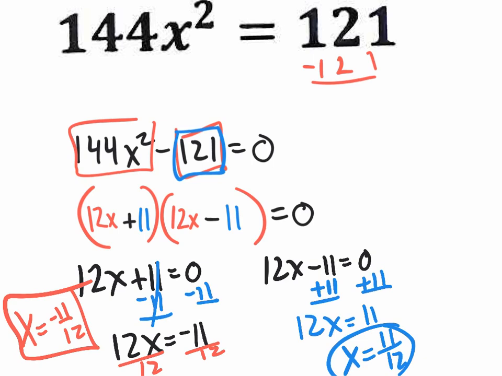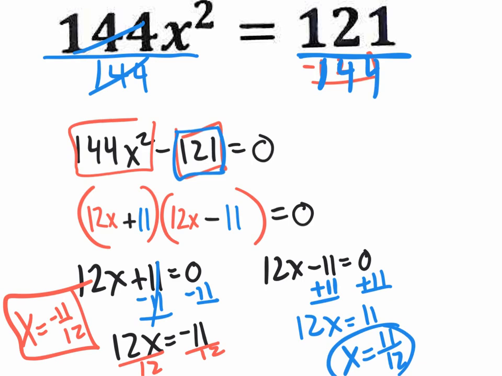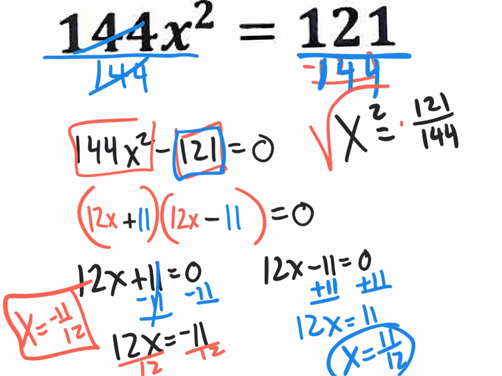Here's another way of doing it, which I prefer. Check this out. What if right at the beginning, let me do it in blue, I would have gotten the x squared by itself by dividing by 144 and dividing by 144. Then you'd have x squared equals 121 over 144. And then you could apply a square root to both sides to get rid of this square.